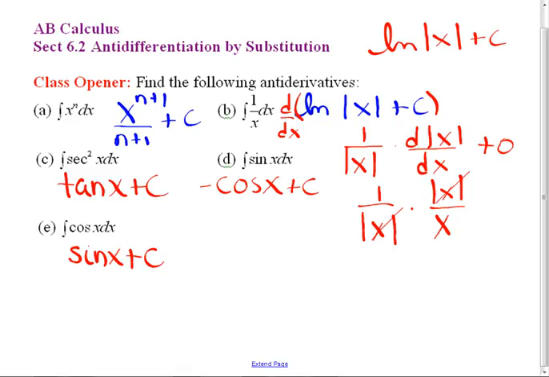So if it doesn't look like those, we're going to have to do some work to make our function look like one of these. And we're going to do a substitution. It's called a U substitution. When I first start doing the U substitutions, it might be a little confusing, but ask. As we go through it, when you walk out of here, you should have a good feel for what to do with these U substitutions. So I'm going to have you fill that out if you haven't. If you have and you want to try it again, I've got some extra copies right there.